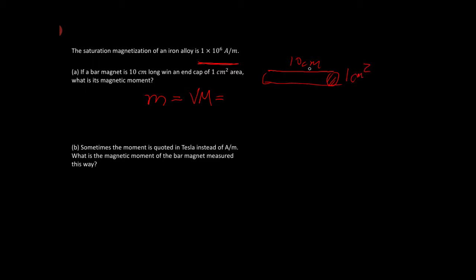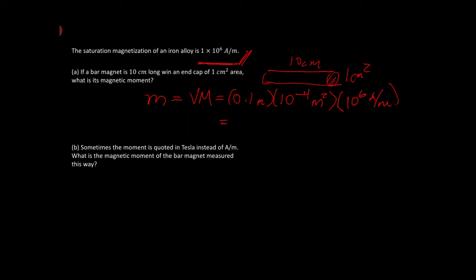So that means the volume is 10 centimeters, which is 0.1 meters, times 1 square centimeter, which is 10 to the minus 4 meters squared, 10 to the minus 2 for each centimeter. And then we have our saturation magnetization of 10 to the 6th amps per meter.